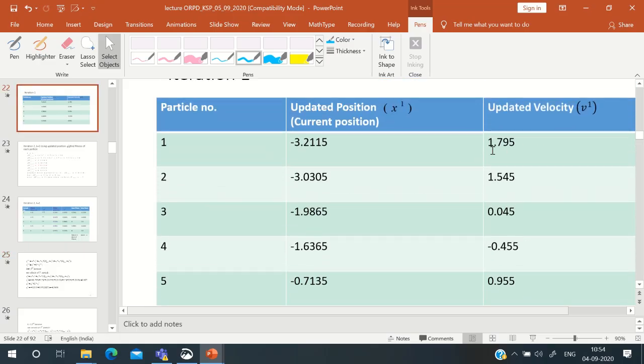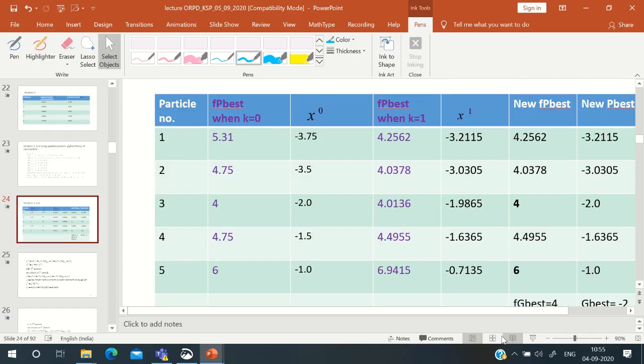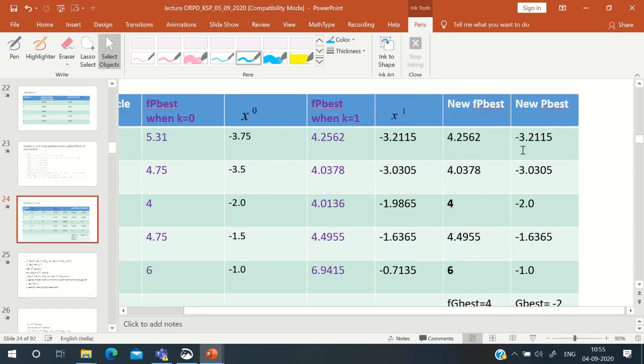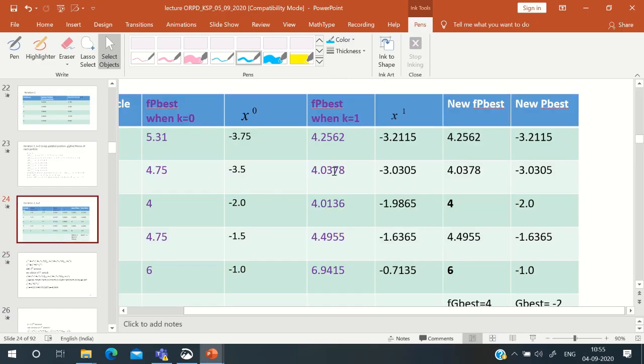This is the v1 superscript 1, right? 1.795, plus c1 r1 1 into personal P-best 1. Yes, what was the P-best 1? -3.2115. Okay, and what is x1 superscript 1, right?